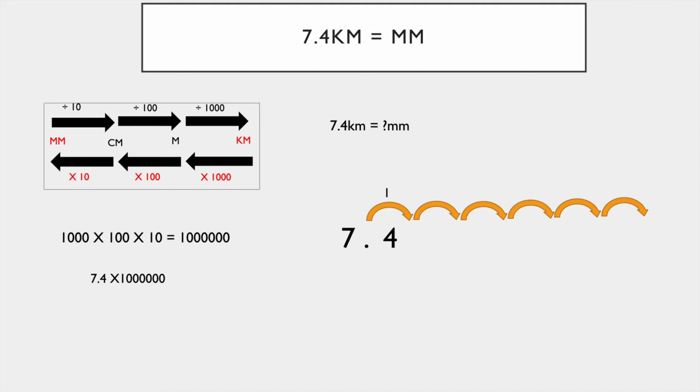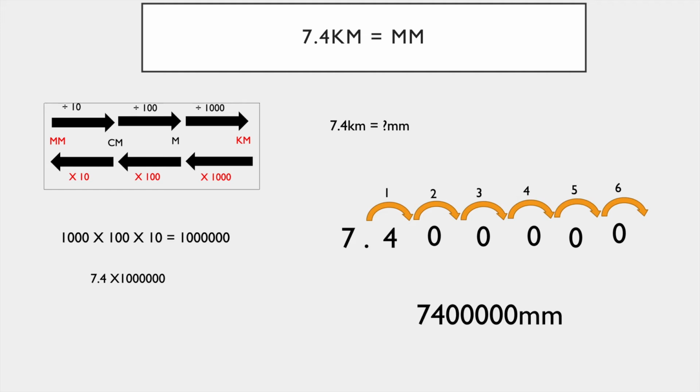So move it once, twice, a third time, a fourth time, a fifth time, and the sixth time. Now we fill in all the gaps underneath the arrows with zeros. So our answer would be 7,400,000 millimeters.